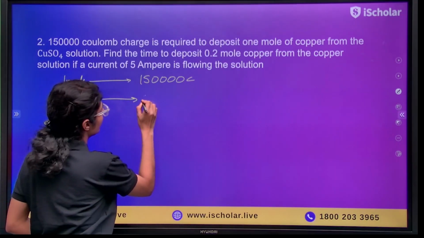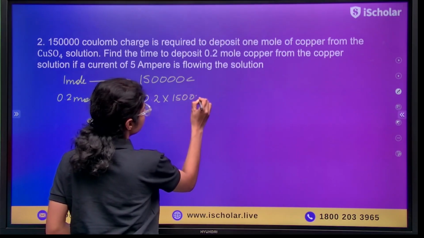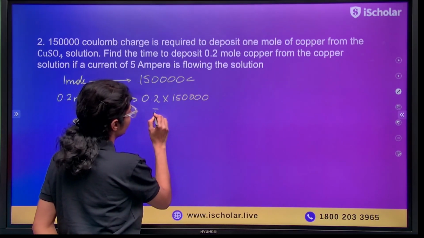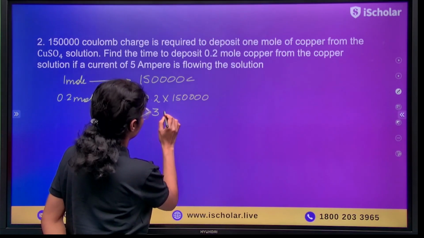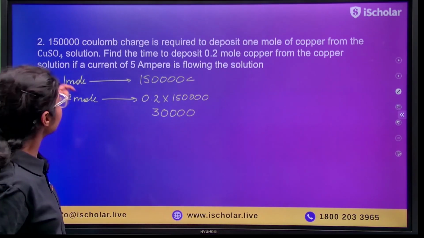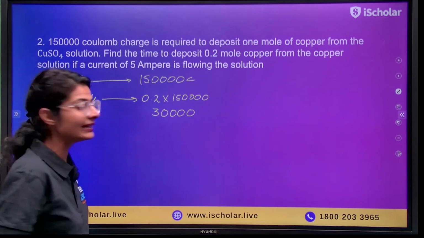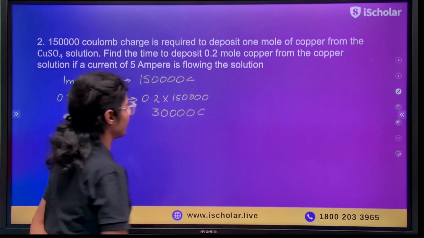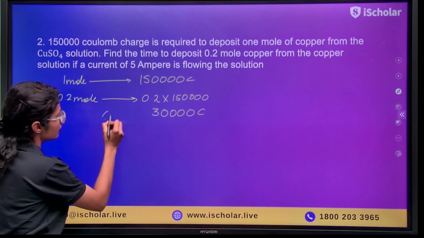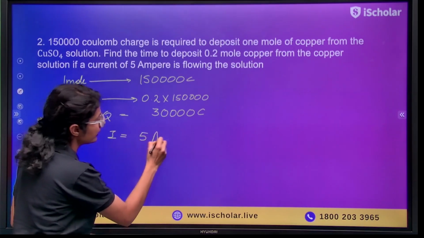So for 0.2, that would be simply 0.2 into 15,000. Now when you multiply this, how much are you going to have? So when you have 0.2 moles, you are going to have 30,000 coulomb.